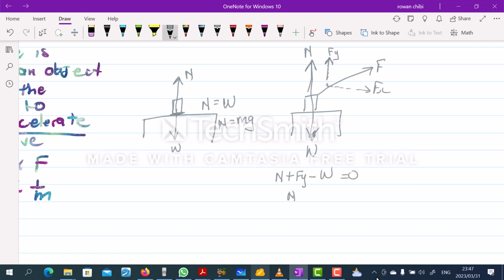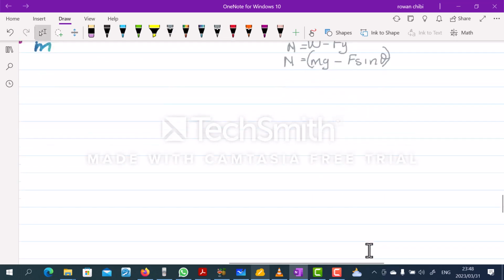So then the normal force in this case will be, take W to that side is positive, take Fy to that side is negative. So that means the normal force is equal to the weight minus Fy, which is F sine theta. So we have this formula now for N, for the normal force.